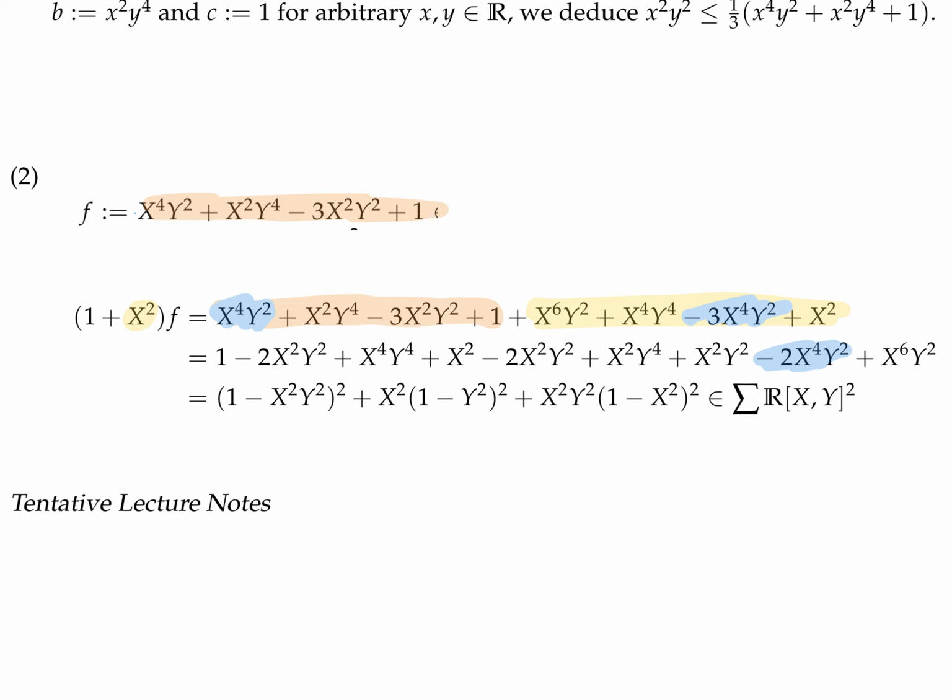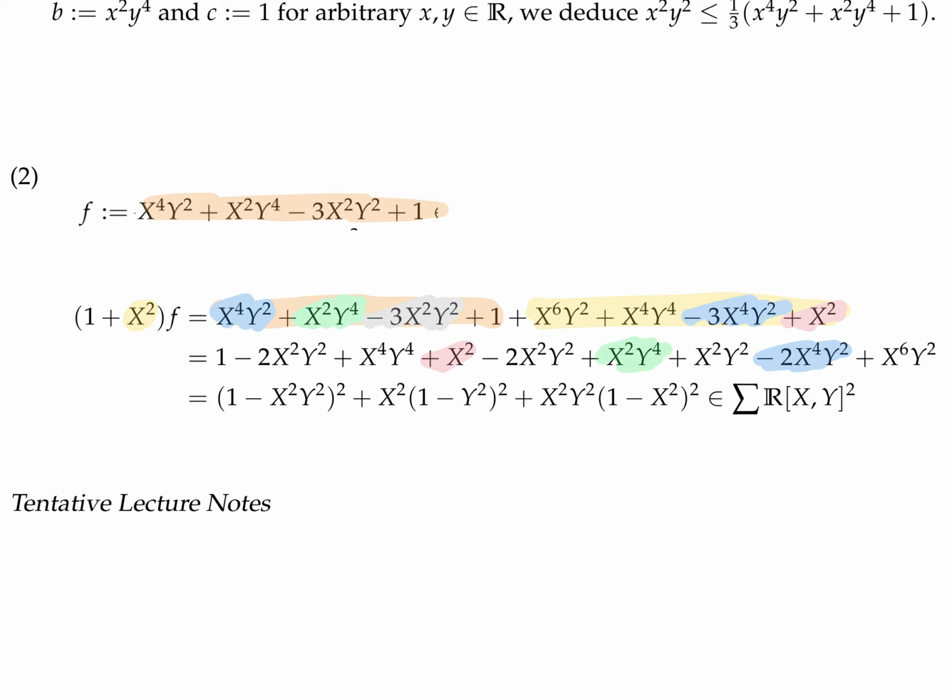And then I have here x squared, that gives here the x squared, and then I have here x squared y to the 4, that gives here the x squared y to the 4, and then I have here minus 3x squared y squared, that's a bit strange.